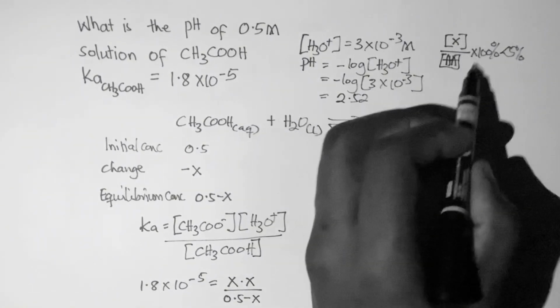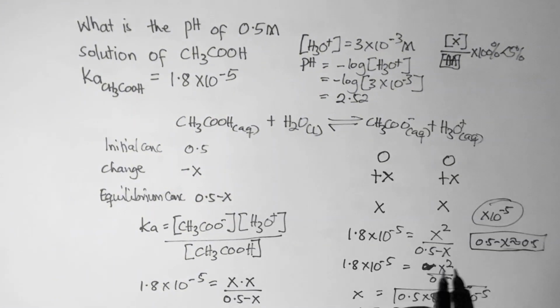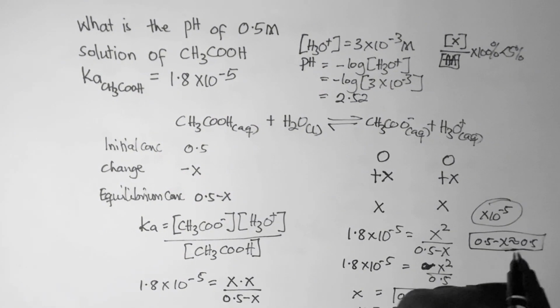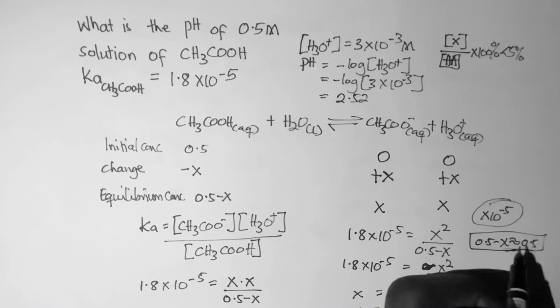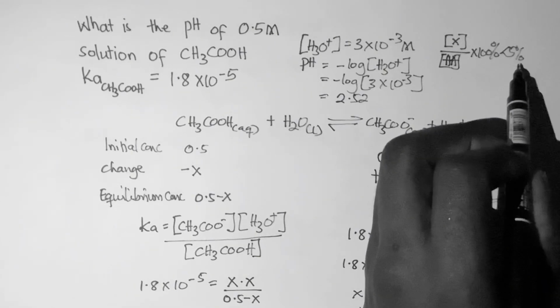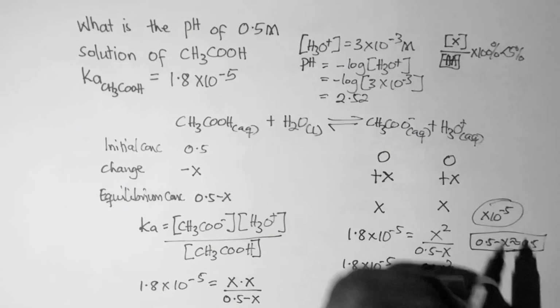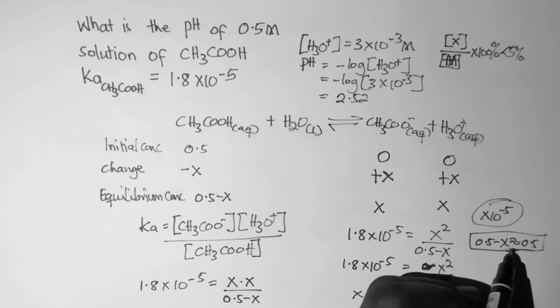So anytime this calculation is less than 5%, it means our approximation should stand. However, if it is greater than 5%, then the approximation can no more stand.